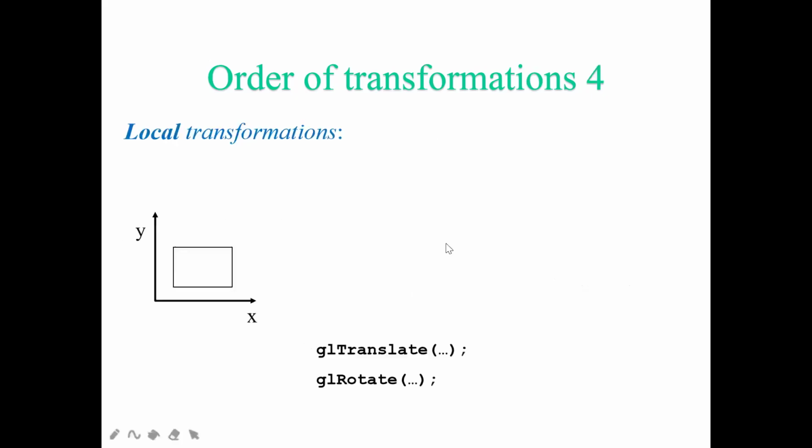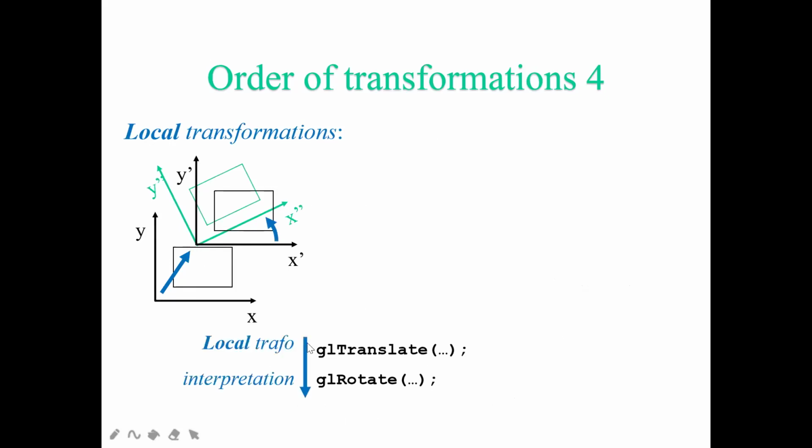Now here you see I have the local transformation. I'll clarify the meaning of local transformations and global transformations. Here you can see my x and y, and I have one object over here. Now I have translated it, so I will use the primitive glTranslate. Next, I have rotated, so I'm going to use glRotate.